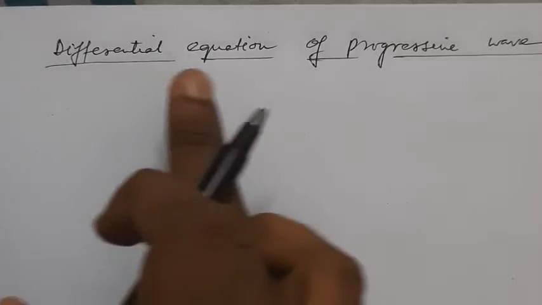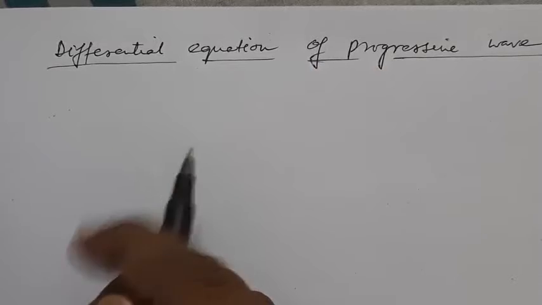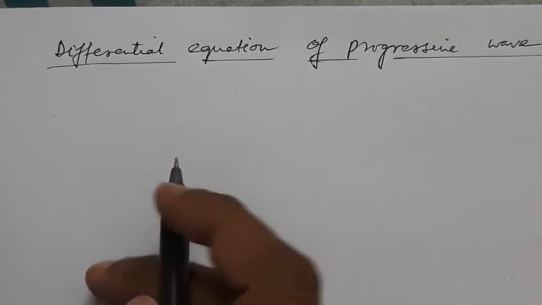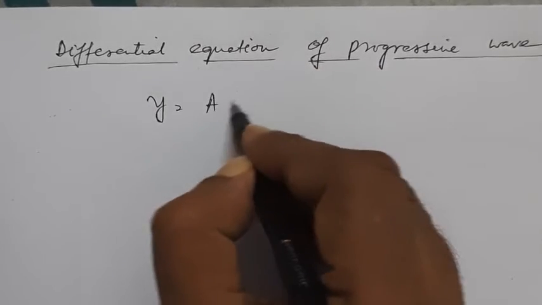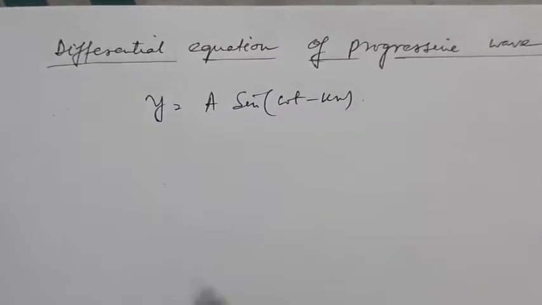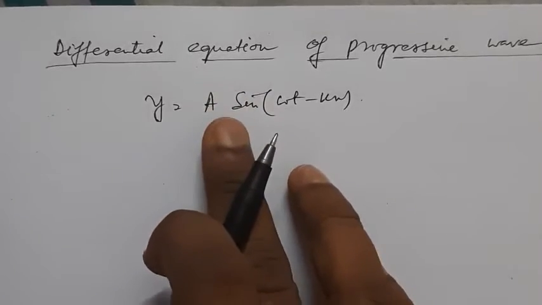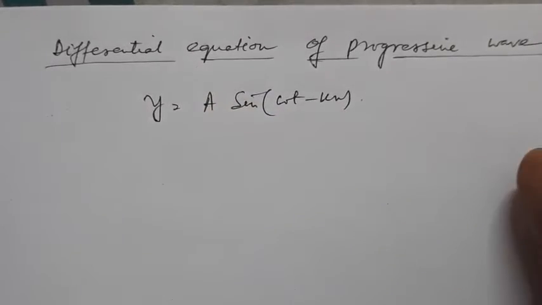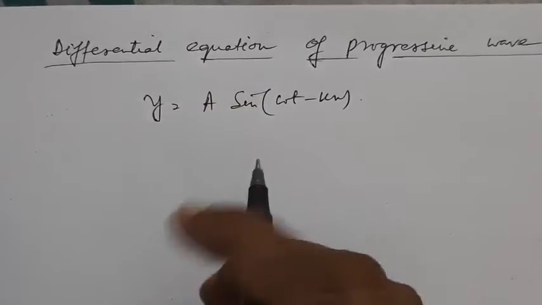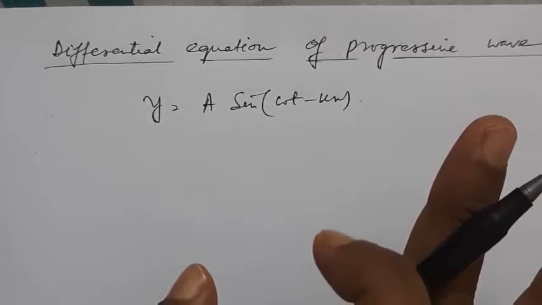Now the differential equation of a progressive wave. We are trying to derive the differential equation of a progressive wave. Again we take the equation y is equal to a sine of omega t minus kx. I have already stated that in some books you will find the equation written as a sine of kx minus omega t plus or minus phi, another phase. So I am taking the simplest form, y is equal to a sine of omega t minus kx.